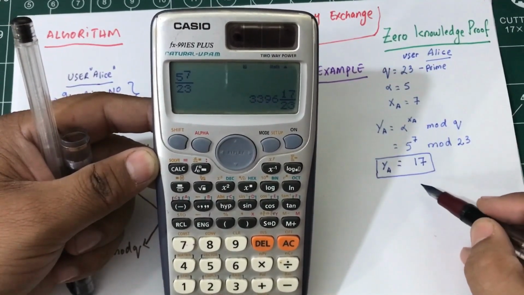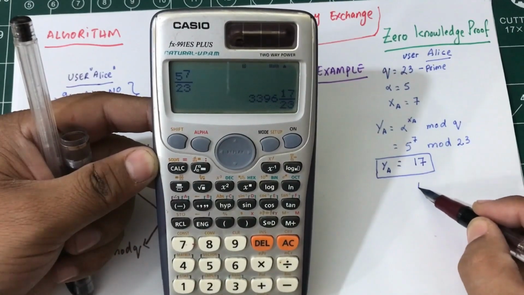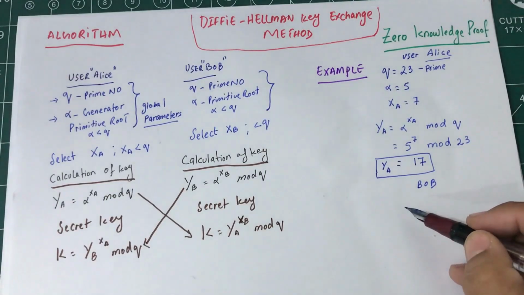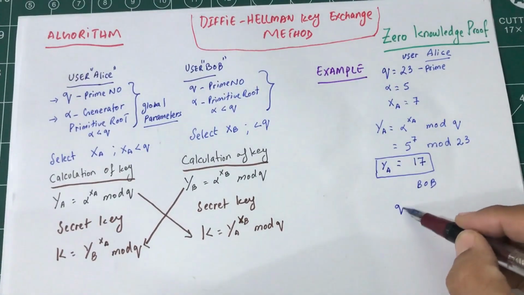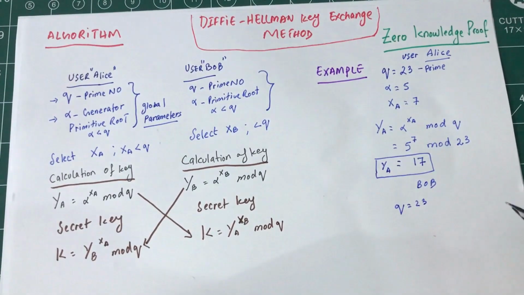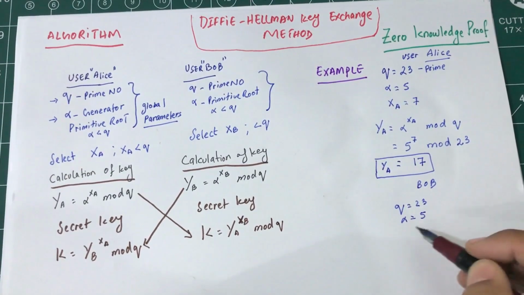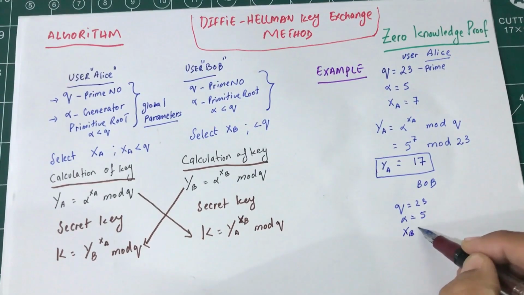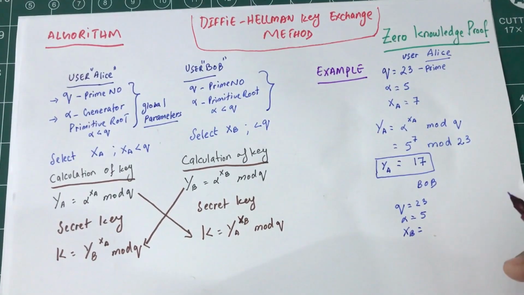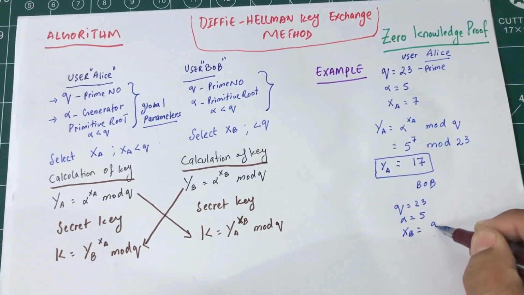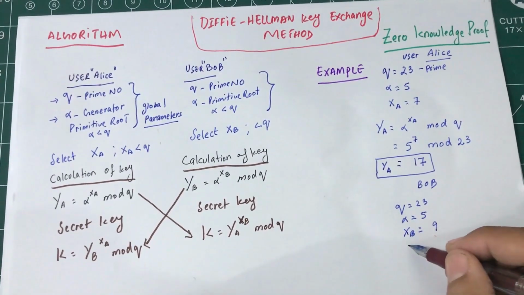Then let's do Bob's. Bob will have the same global parameters, which is q equals 23 and alpha equals 5. Let's say Bob has chosen his x of B, his private parameter, to be 9.